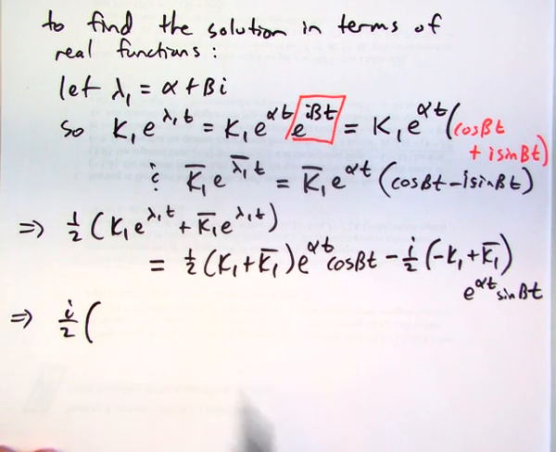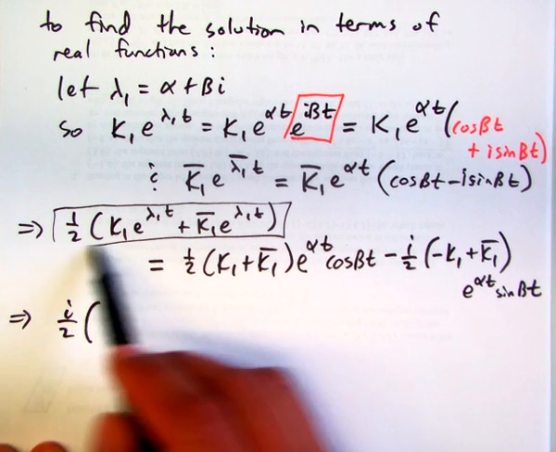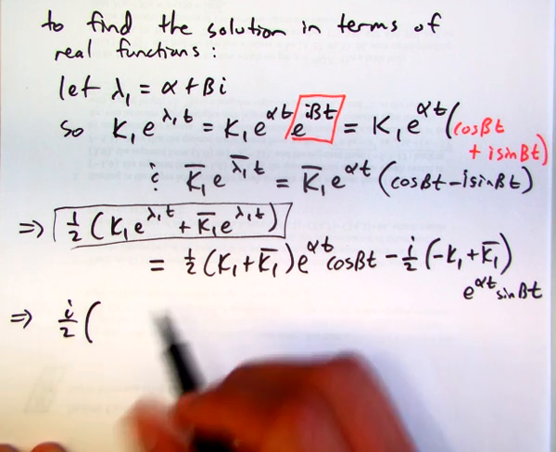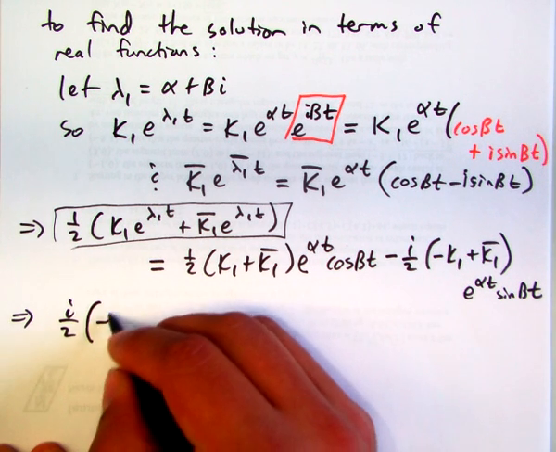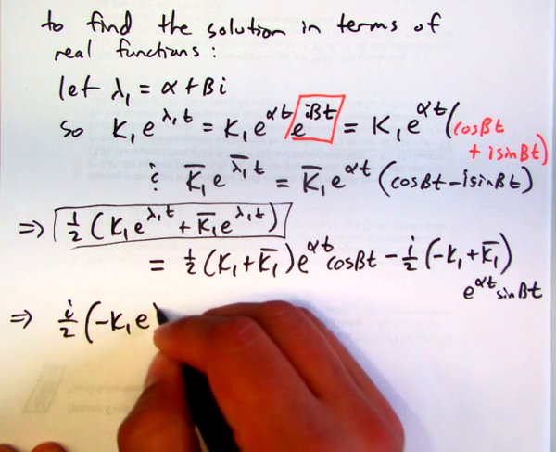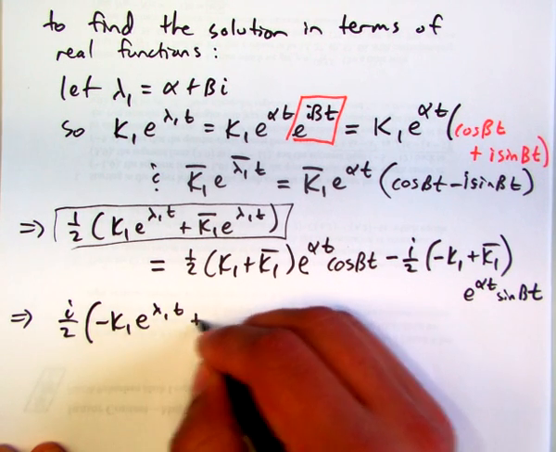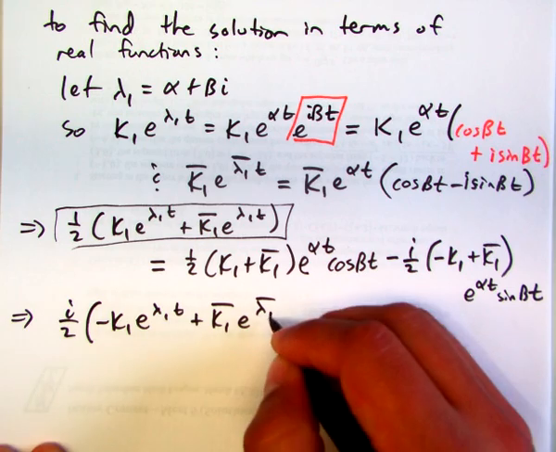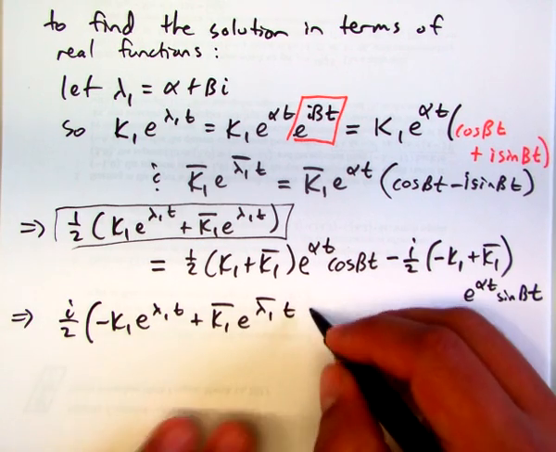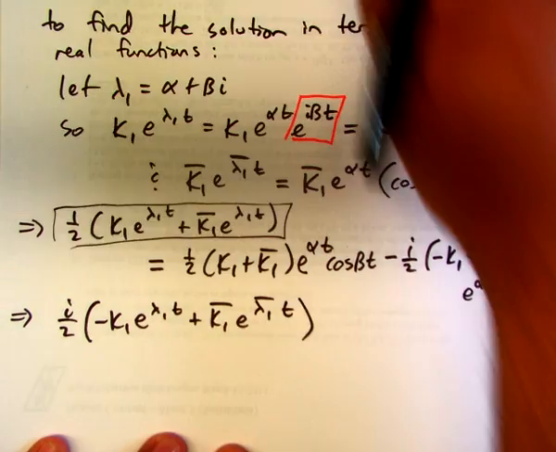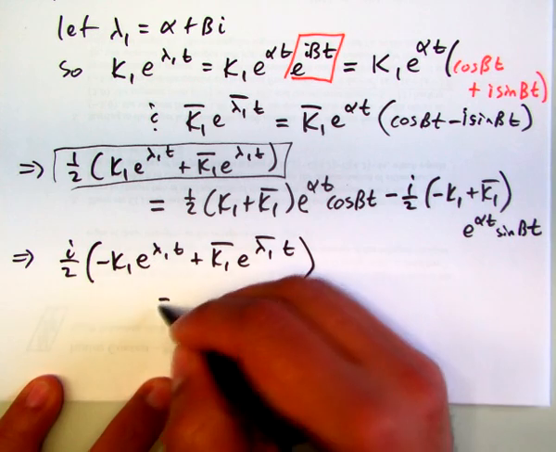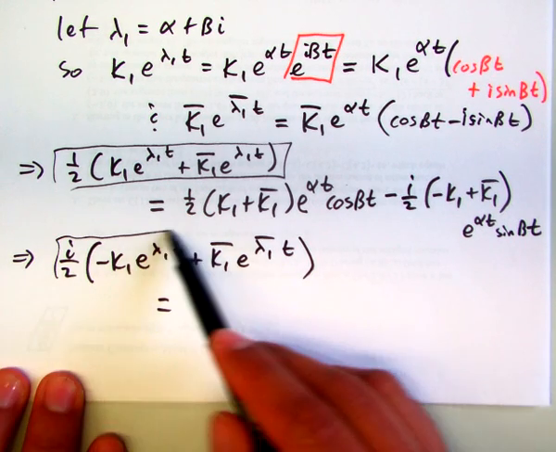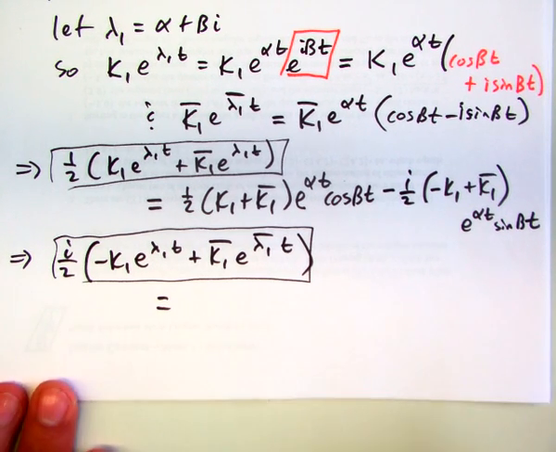So we're starting with this to get this other solution, and then we're going to do i over 2 times minus k1 e to the lambda 1t plus the conjugate of that, times t. So these are the two expressions that are going to be the key to eliminating the imaginary part of the solutions.